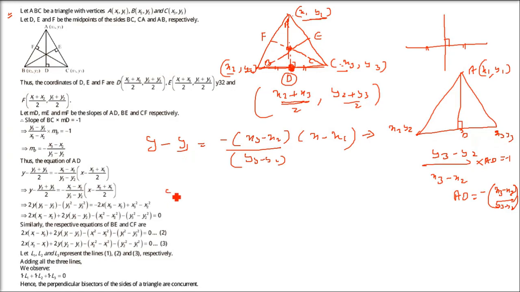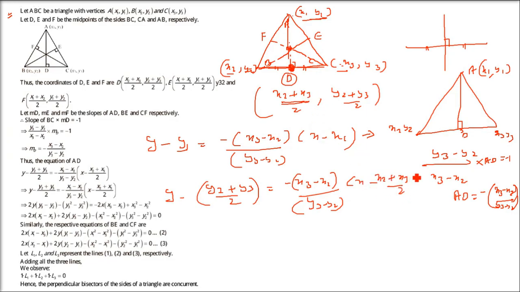So instead of y1, which we would have taken normally, we are going to do y minus (y2 plus y3) by 2. M remains the same, minus (x3 minus x2) over (y3 minus y2). This is x, and in x we are going to write x minus (x2 plus x3) by 2.